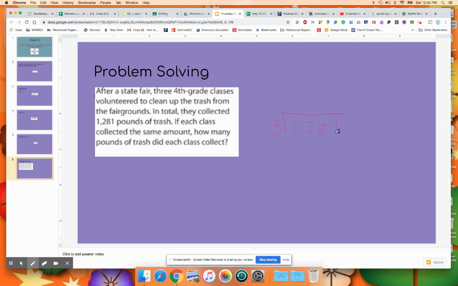1,281. So I think about 1,200, and I know 3 times 400 gives me 1,200. Going to subtract, which gets me to 81. I know 3 times 30 is 90, so that's not going to work. So let's do 3 times 20, which is 60.